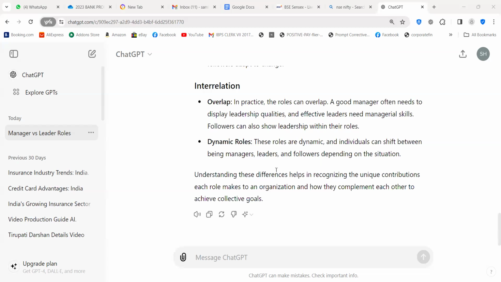Dynamic roles: these roles are dynamic, and individuals can shift between being managers, leaders, and followers depending on the situation. Understanding these differences helps in recognizing the unique contribution each role makes to an organization and how they complement each other to achieve collective goals.